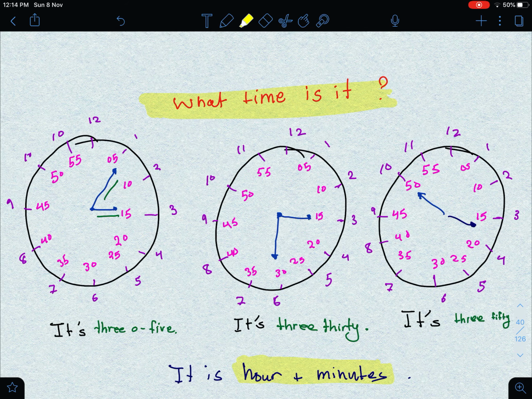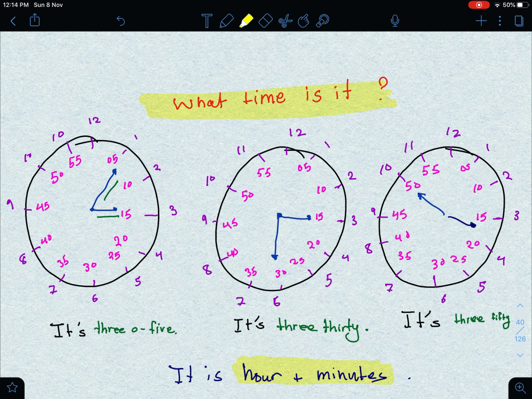Here it is 3:30. When the time is close to 4, the hour hand is not exactly on 3. So here it is still 3, but it is 3:50. Is that clear?